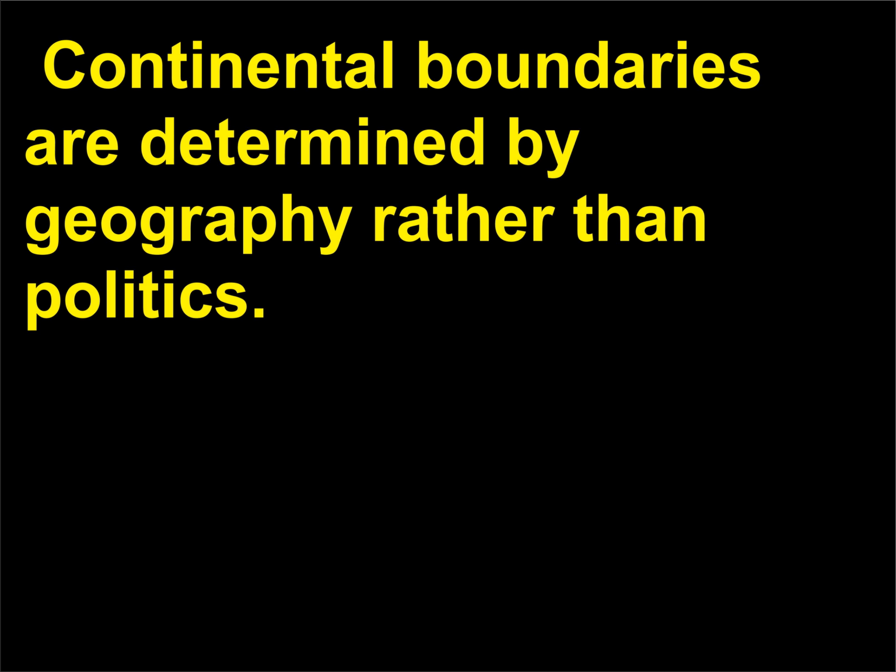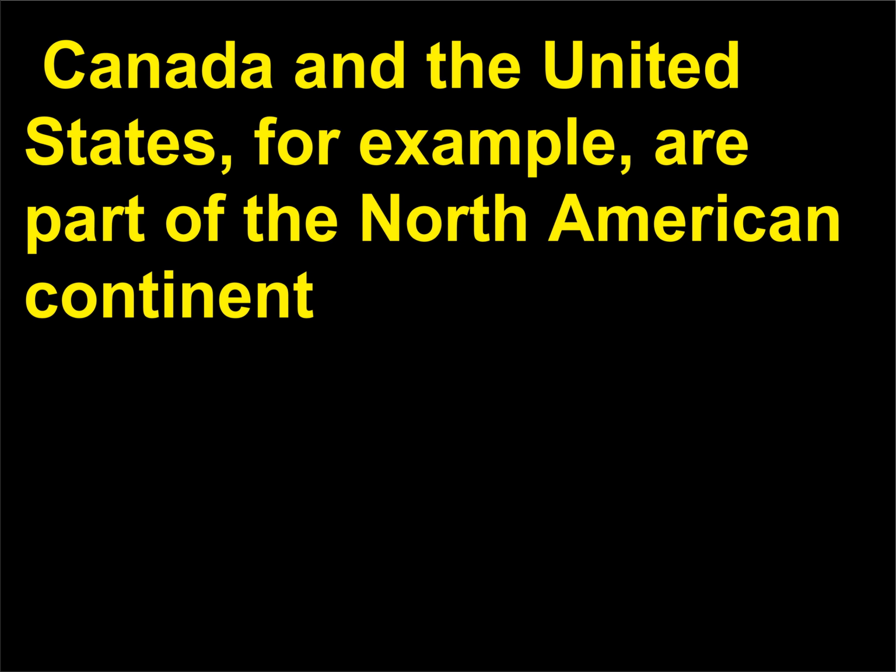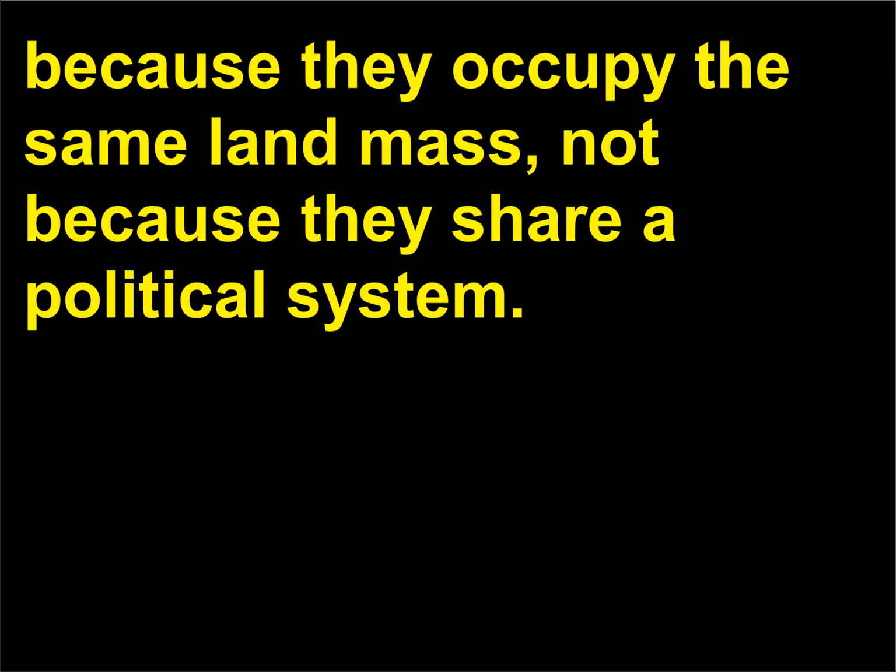Continental boundaries are determined by geography rather than politics. Canada and the United States, for example, are part of the North American continent because they occupy the same land mass, not because they share a political system.